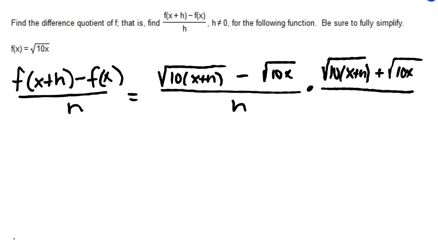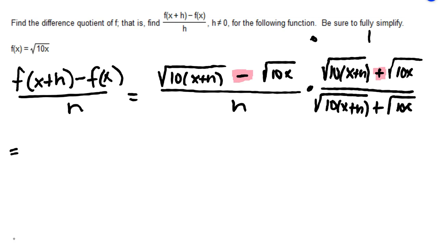So we used a plus here as the conjugate because we have a minus here in the original. I'm going to multiply by that same thing in the denominator so that the expression stays balanced. This is multiplying by 1. Multiplying by 1 doesn't change the expression.